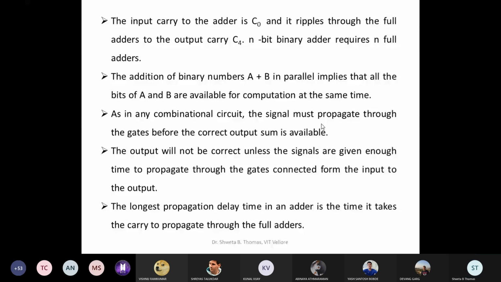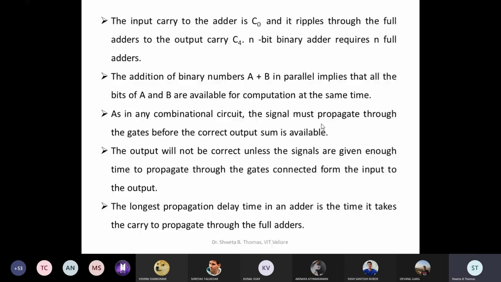Time. Carry propagation we just now discussed. So propagation delay time means what? Like the time lost. Yes, you are propagating the carry. If it is not giving you output at a specific time, then delay will be there.